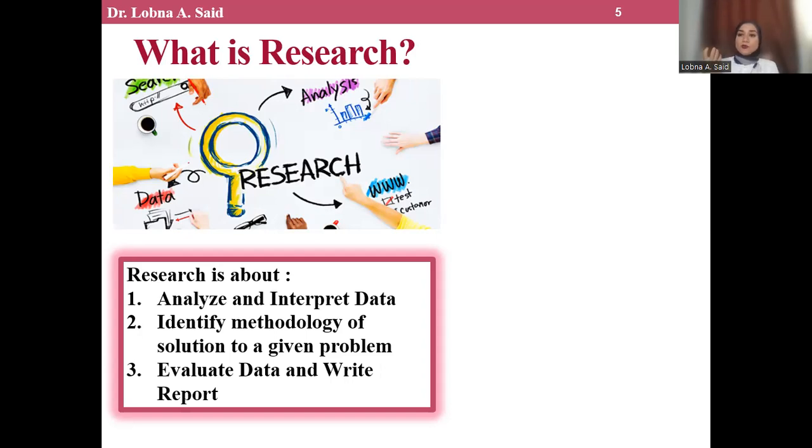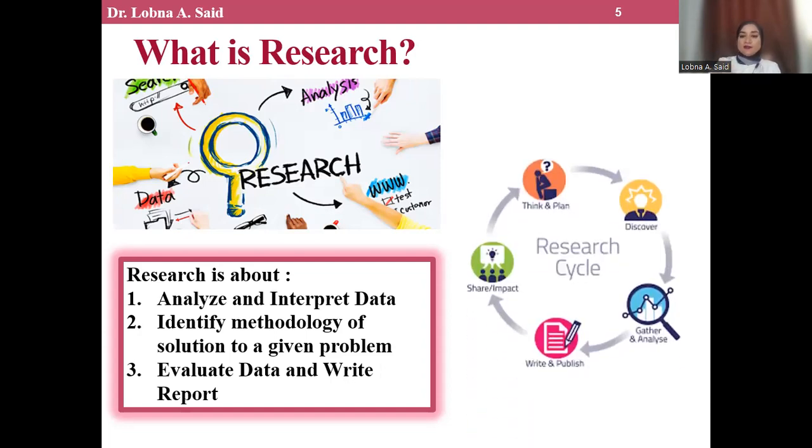So research starts with a problem that needs to be solved, and then we need to collect the data and see what people have reached on this problem. The next step is to identify clearly the methodology of the solution to the given problem. Then we evaluate the data and start writing our results.